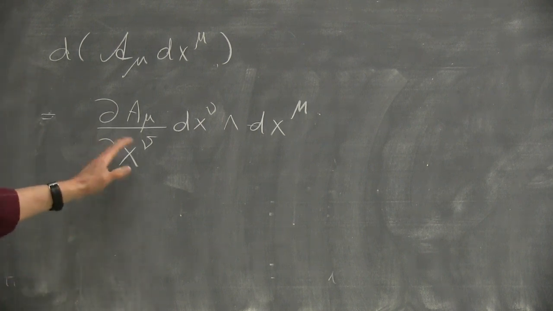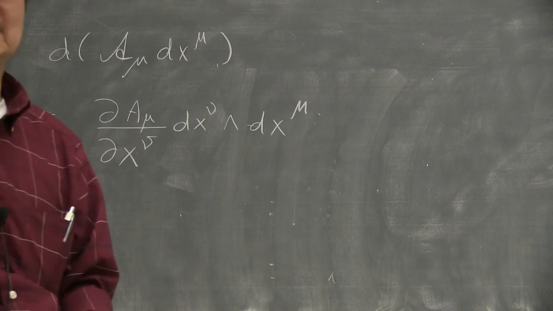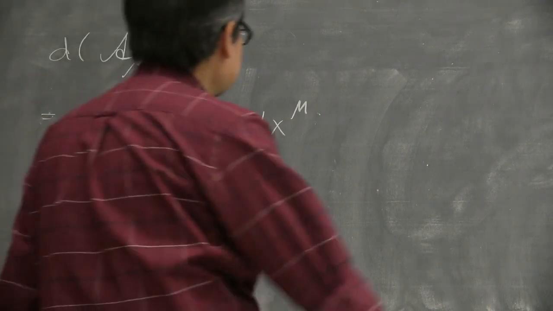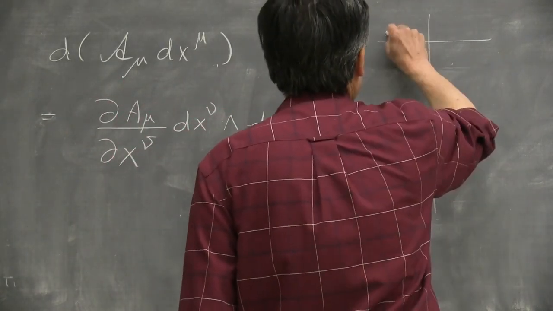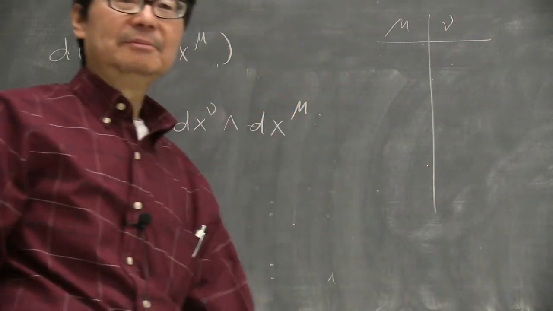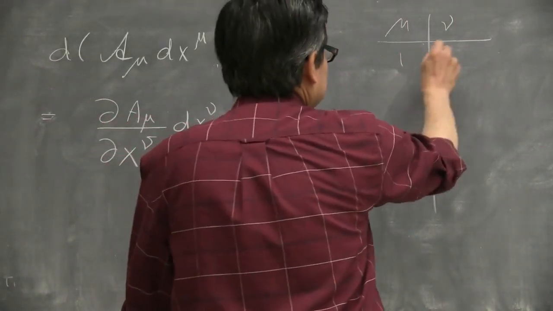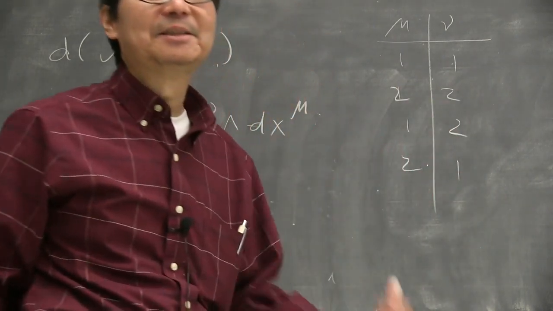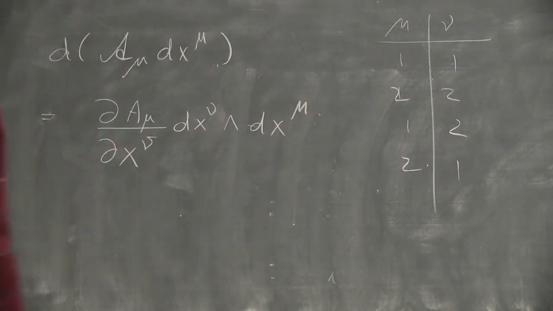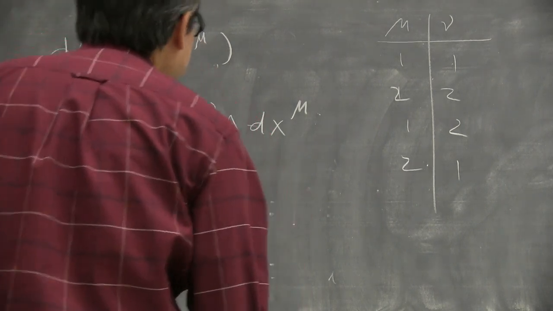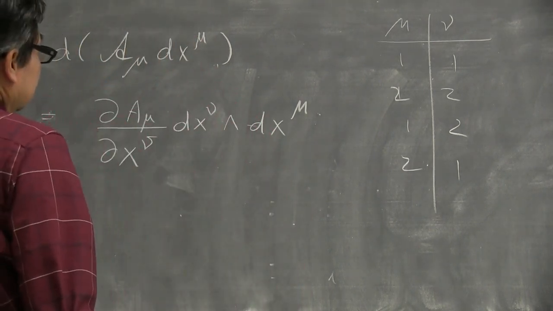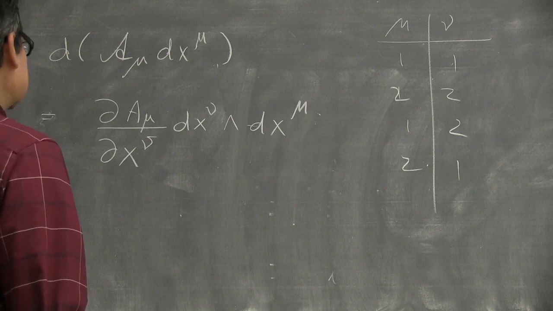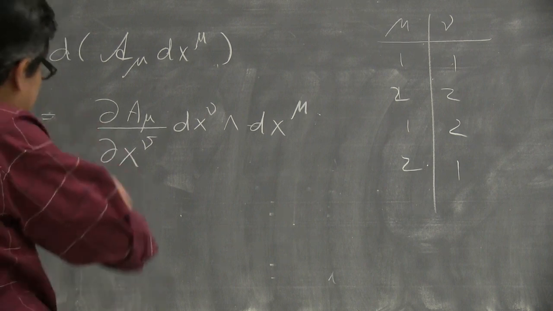Now, let's think simply, okay? Simpler situation where there are two coordinates, let's say. When there are two coordinates, what are the possibilities for mu and nu? 1, 1, 1, 2, 2, 1, 2, 2, and that's it. So the sum consists of 4 terms, okay?